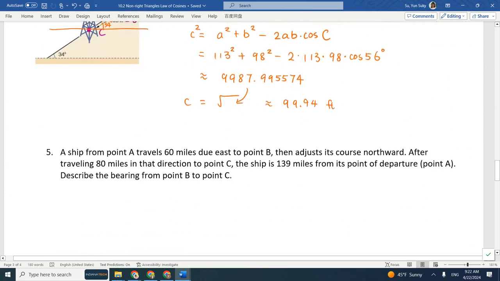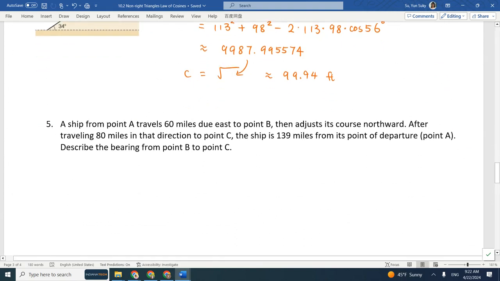Okay, let's see. Number 5. A ship from point A travels 60 miles due east to point B. Then adjusts its course northward. After traveling 80 miles in that direction to point C, the ship is 139 miles from its point of departure.